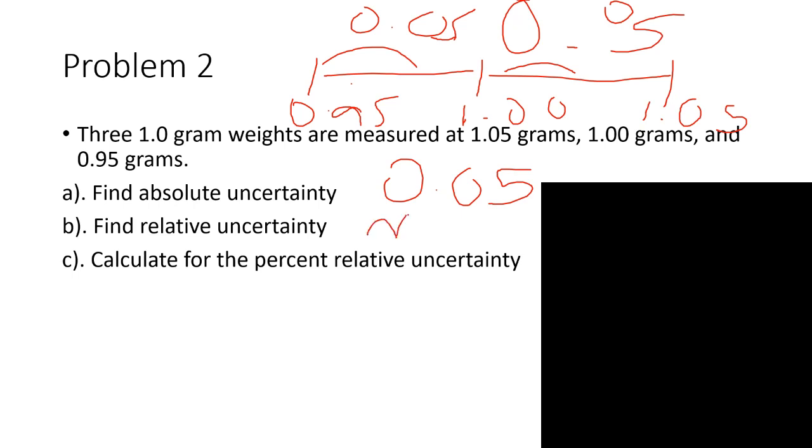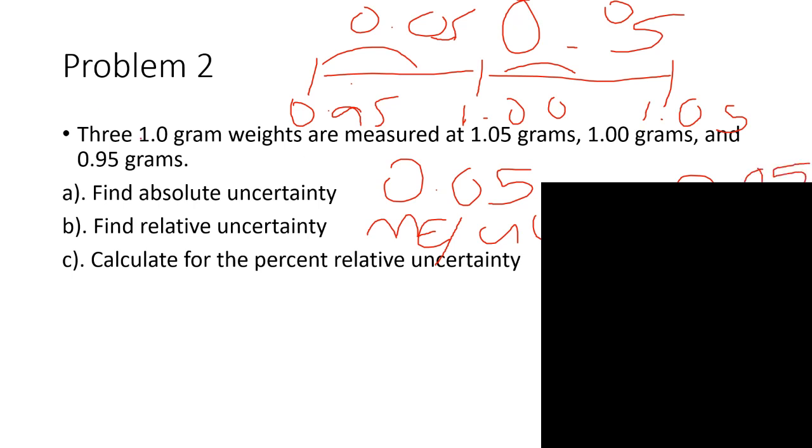Relative uncertainty is your margin of error divided by your actual value, which I'll denote as ACV. That's going to be 0.05, our margin of error, divided by our actual value.